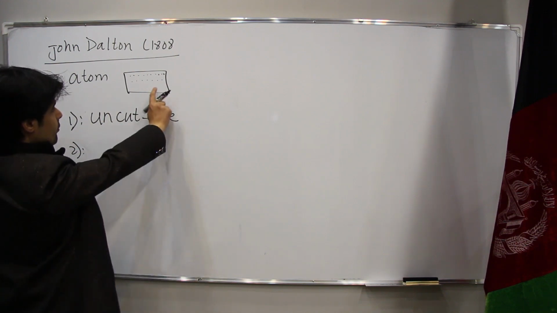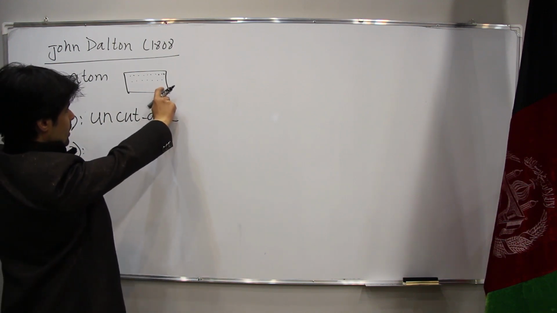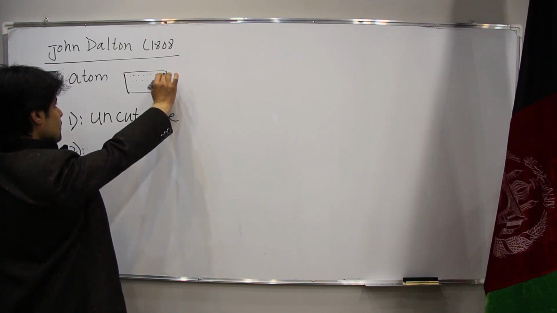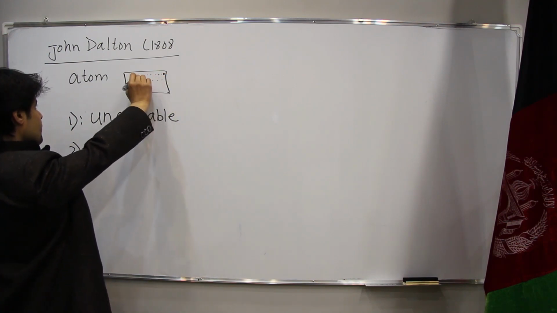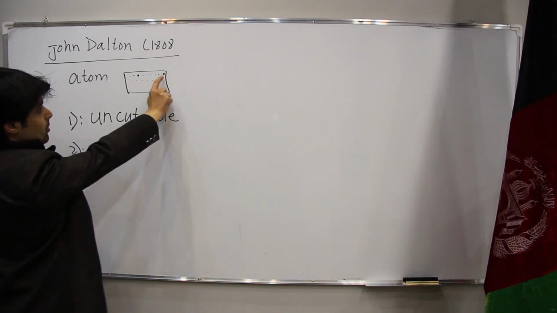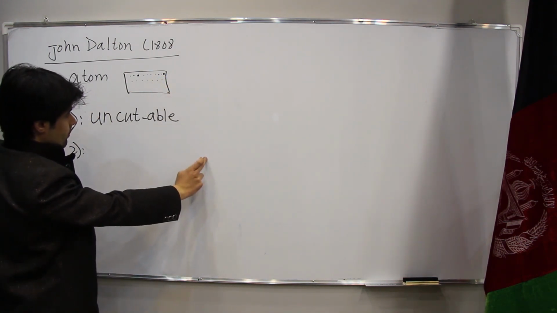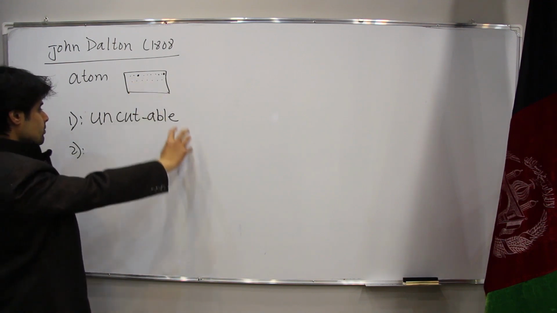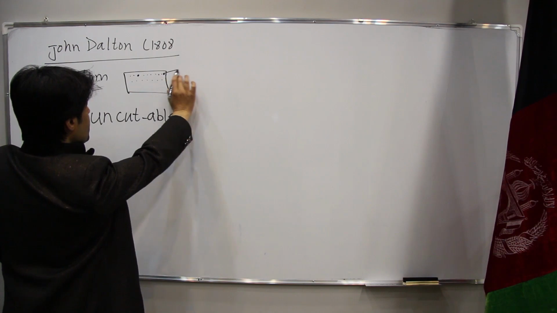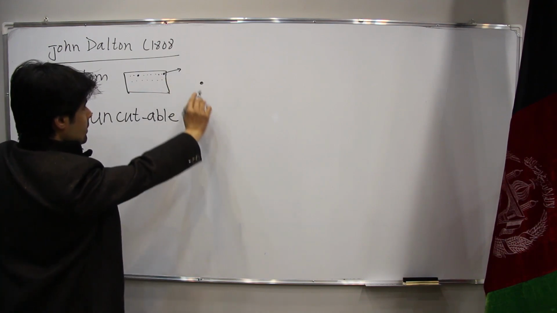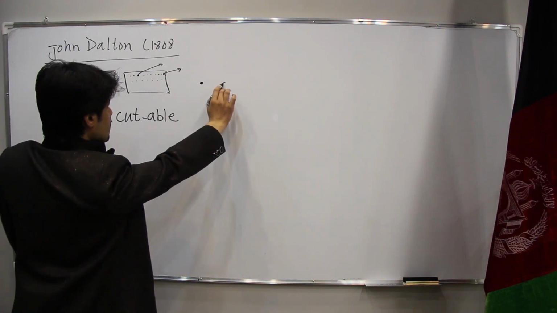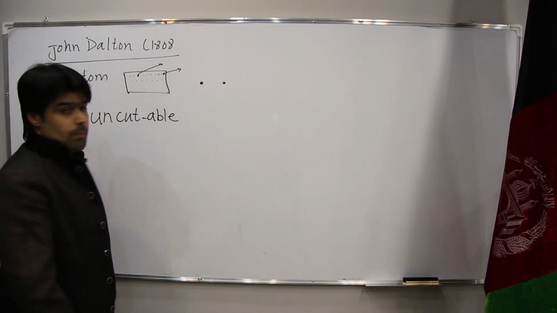Second, for example, from this one board, if I take one small particle, and if I take another particle, now what do you think? This particle is from this board, and this particle also belongs to this board. When I bring out one particle, it means one atom, and when I bring out another, it is the same particle.